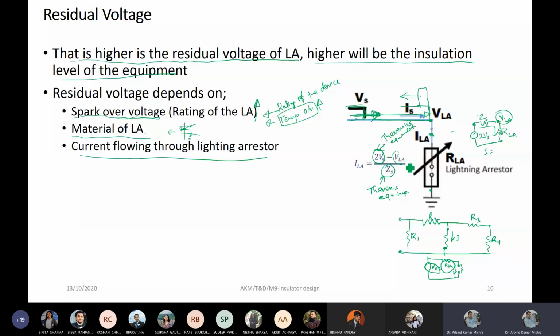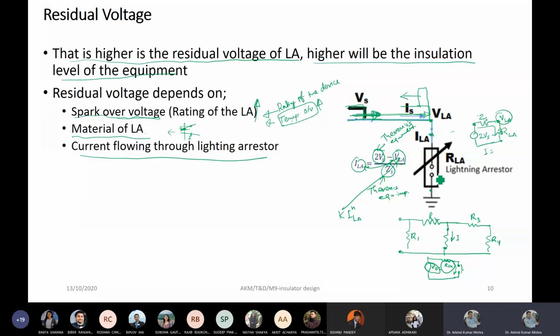But here we should understand that this VLA itself is a function of ILA, so some iterative technique is needed to solve this equation to find out ILA. I have just mentioned how it is related: VLA is K times ILA to the power N. This K and N can be obtained from the characteristic of the material used in the lightning arrestor.